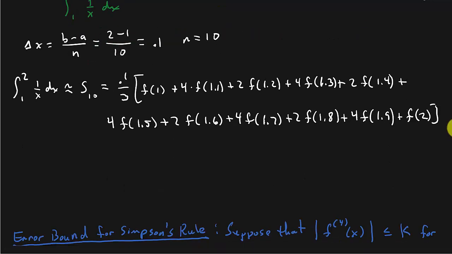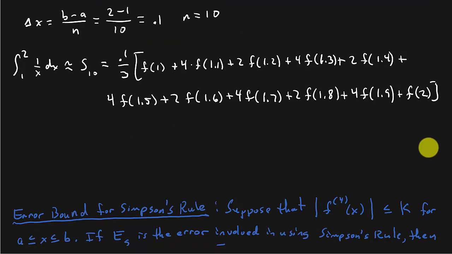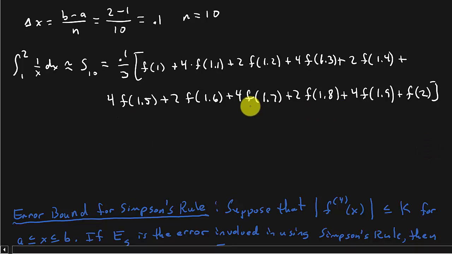All right, so I saved you from the pain of having to watch me write all that down. So we've got everything written down. Make sure you're alternating the 4s and the 2s. And so this is going to be 0.1 over 3 times, and then we just plug each one in. That's going to be 1 over 1, right?